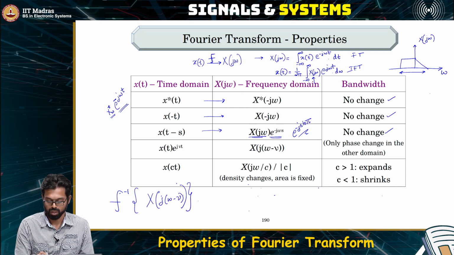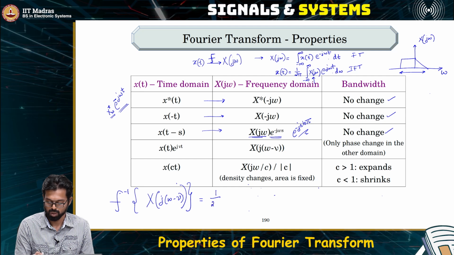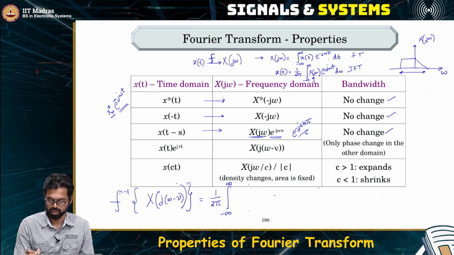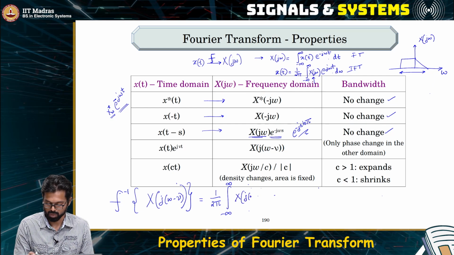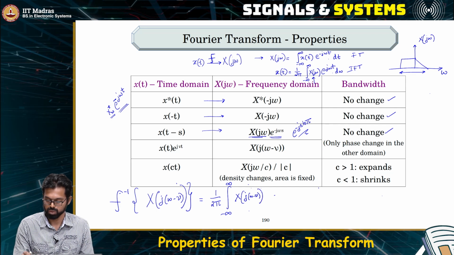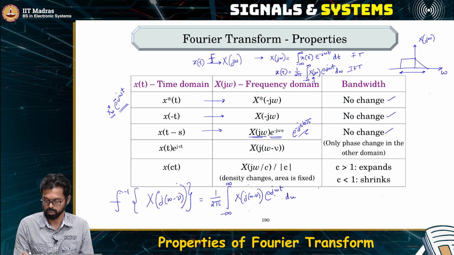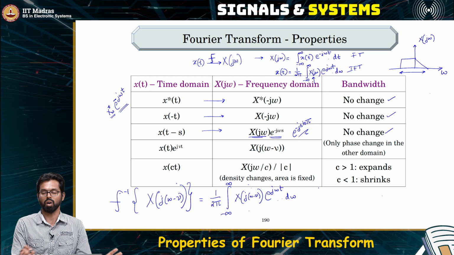So this corresponds to 1 by 2 pi, integral from minus infinity to infinity, X of j omega minus nu, e power j omega t, d omega. So this is the inverse Fourier transform, right? That's all we have written.